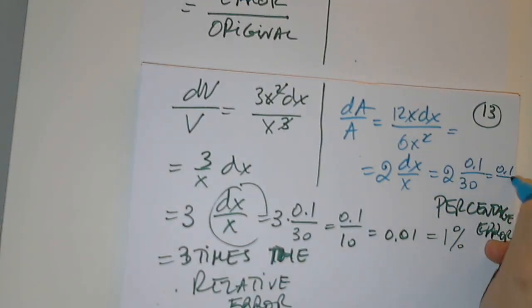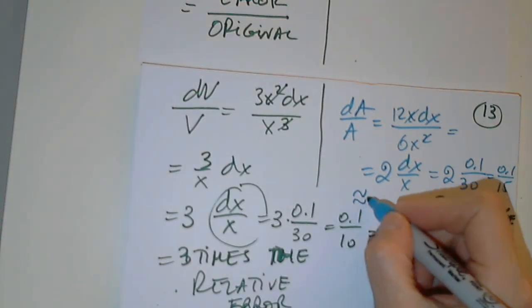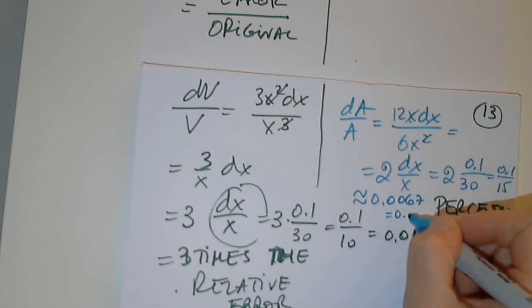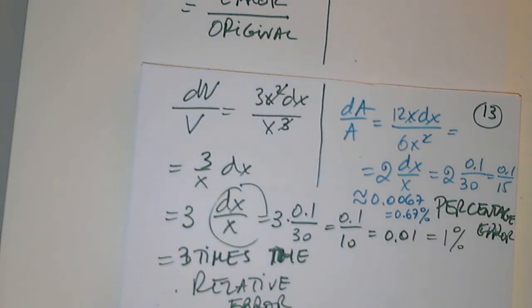So this is 0.1 over 15. Again, with no measurement unit. Why? Because the numerator is measured in centimeters squared and the denominator is centimeters squared. So 0.1 divided by 15 gives us approximately 0.0067, and in percent it will be 0.67%. That's the percentage error.